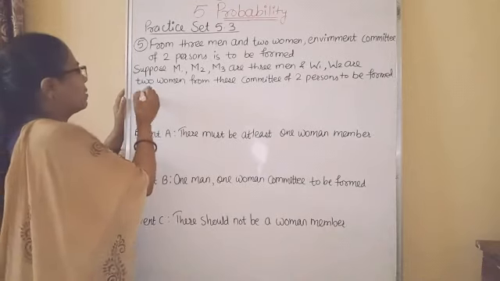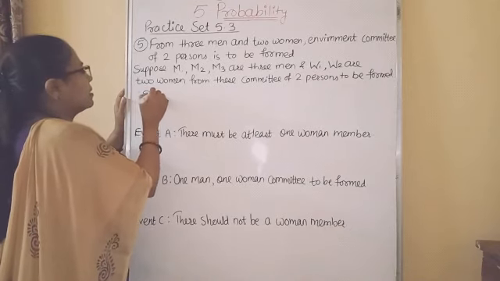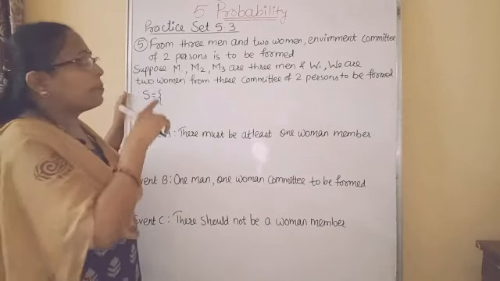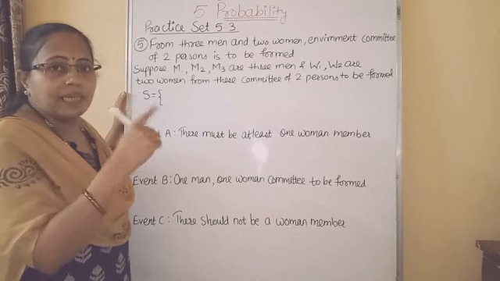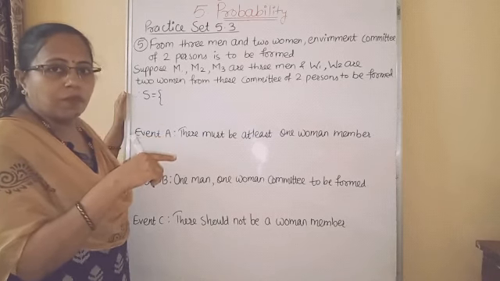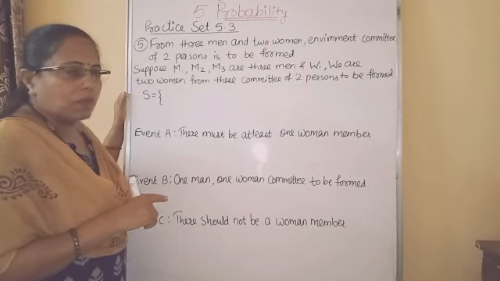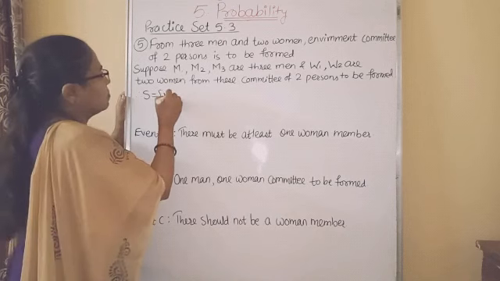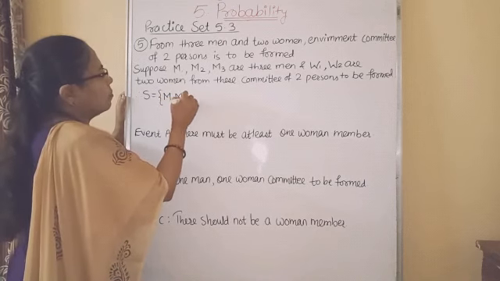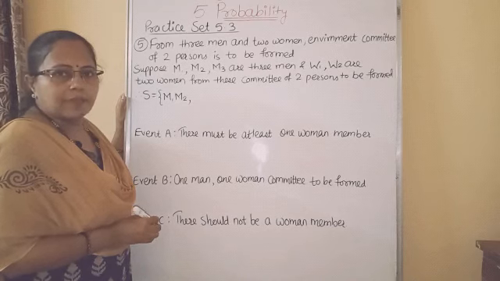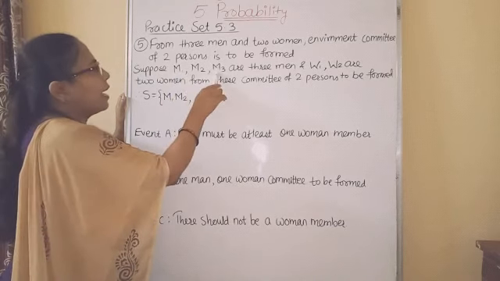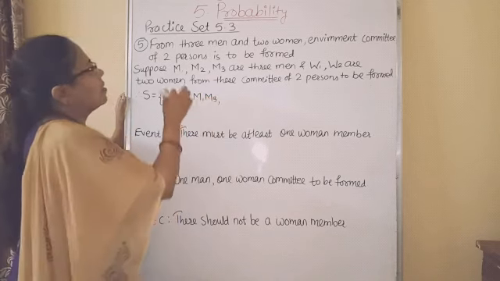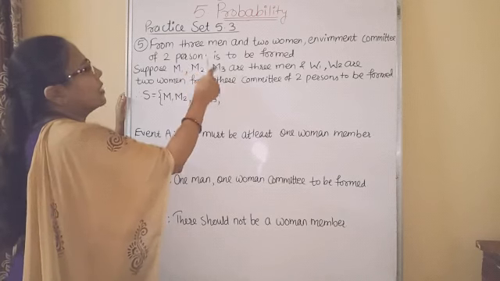Okay, so let us write the sample space. Therefore, S is equal to... okay, we saw this type of question in practice set 5.2, that boys and girls, a committee of 2 is formed. So the same method we have to follow here. Okay, so the first possibility is M1, M2. What is the next possibility? M1, M3. See, M1, M2, M1, M3.